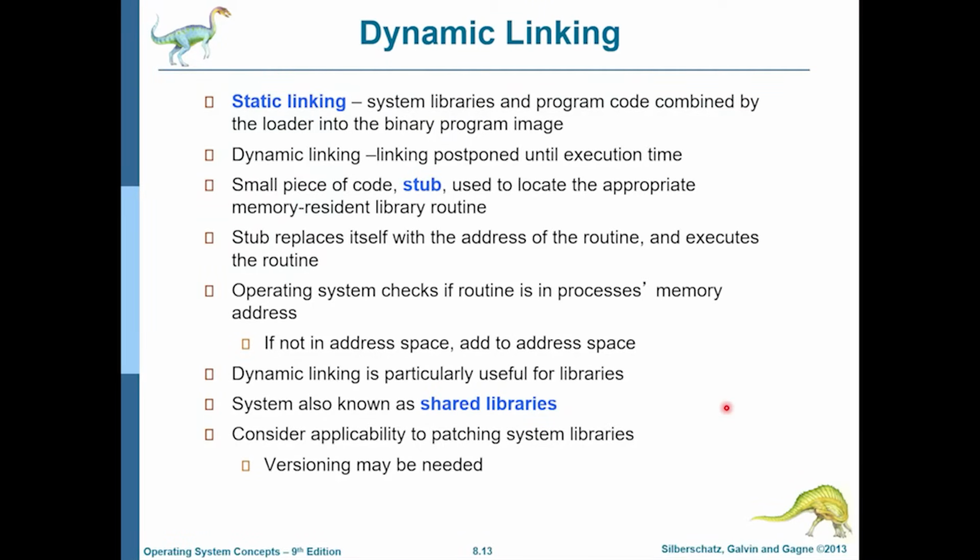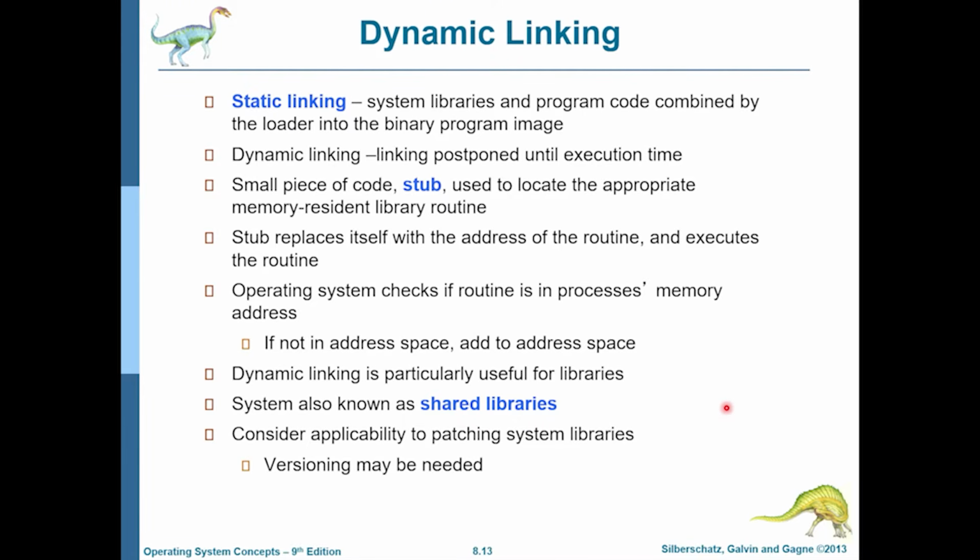But that will usually result in big executables, because there are some functionalities like functions and modules which are so commonly used that it is better to keep them in one DLL, a dynamic linked library, and then at runtime, it is better to just get the code right there dynamically. So you're running a program which has got some functions whose code is not there in the program. So your compilers and linkers will leave a stub and say, okay, here is the function, but I don't have the code for this.